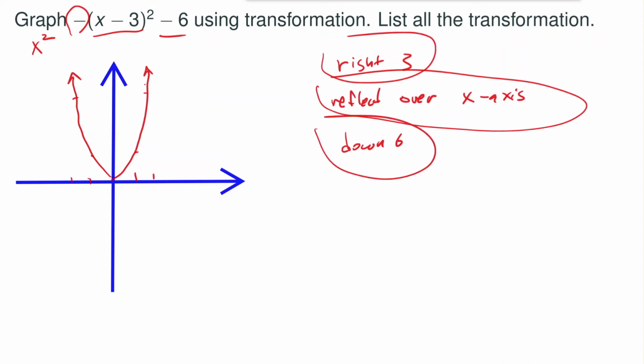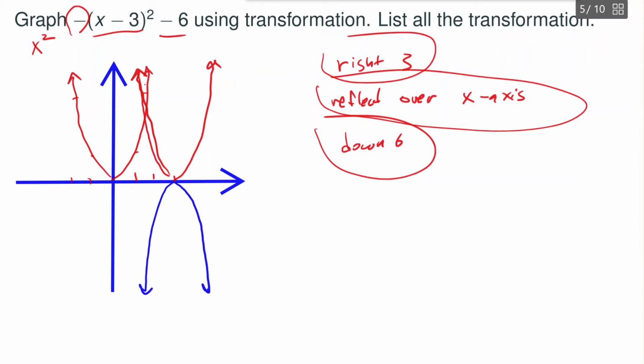So from here, let's go right 3. So the same graph will be right here. We want to go right 3, like this. Now from here, I'm going to reflect. So let's reflect over the x-axis. It will look something like this. Think of it as a flipping reflection.